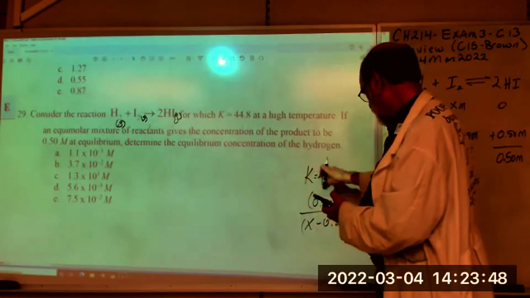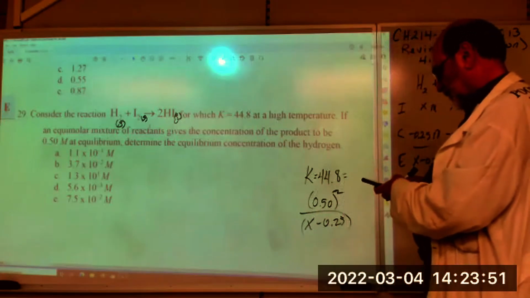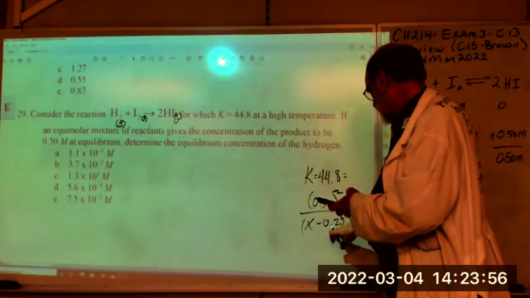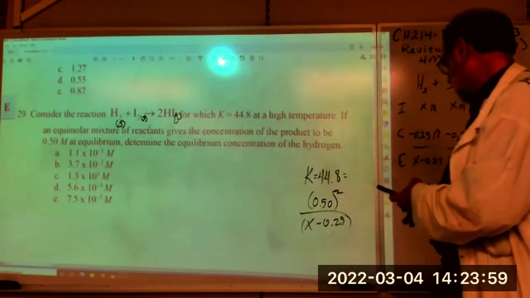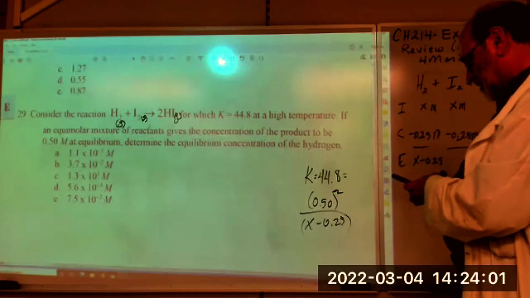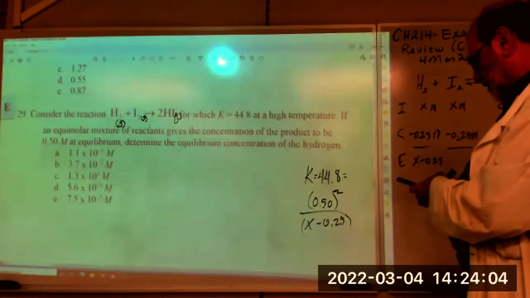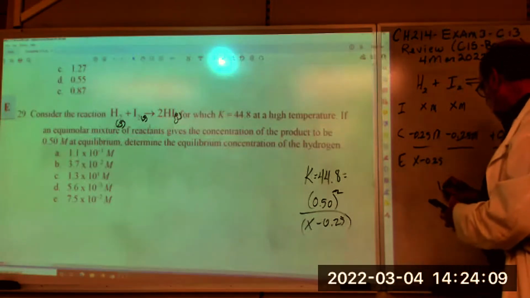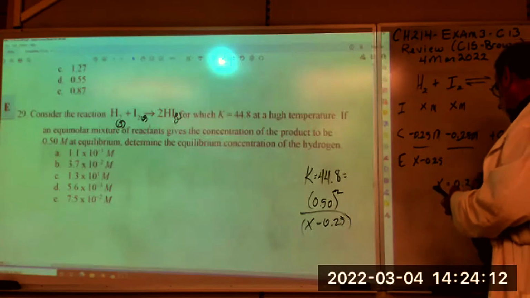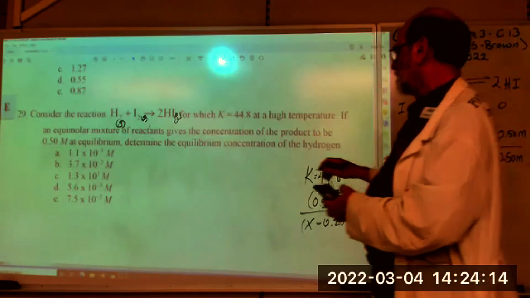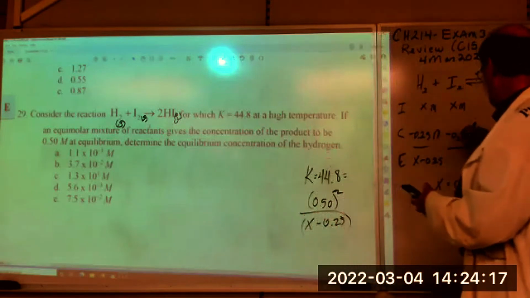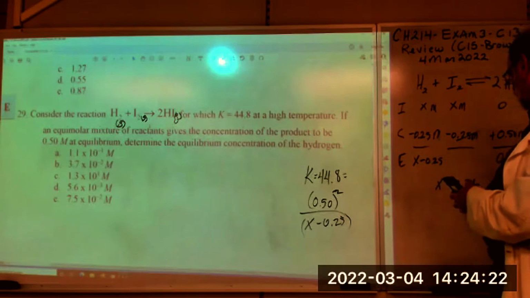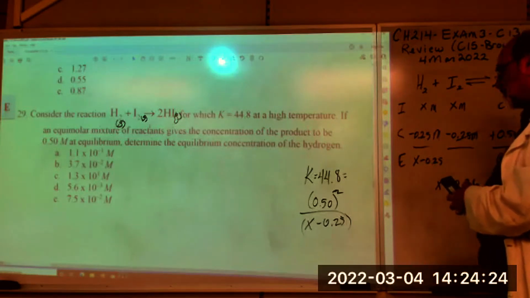So if we move this one over there and move that one over there, that means I have to take the inverse of this number and add 0.25 to it. So I get 0.26. X is equal to 0.26. And what's the question? Equilibrium concentration of hydrogen. So X is 0.26 minus 0.25 is 0.01.